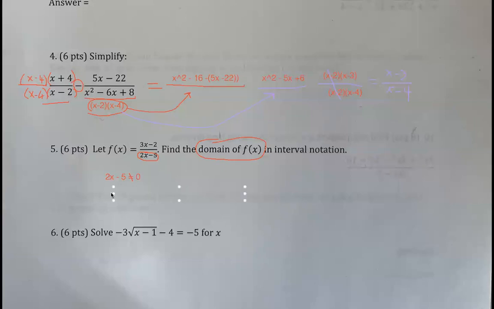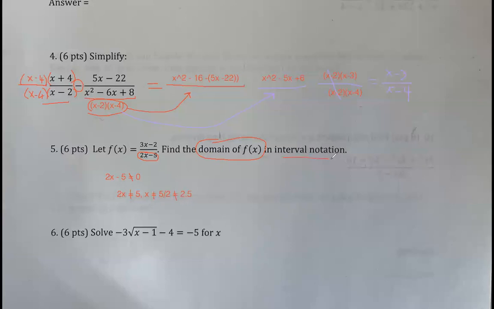That means 2x cannot be 5. That means x cannot be 5/2, or 2.5 if you want. If x were that, it would cause 0 in the denominator.